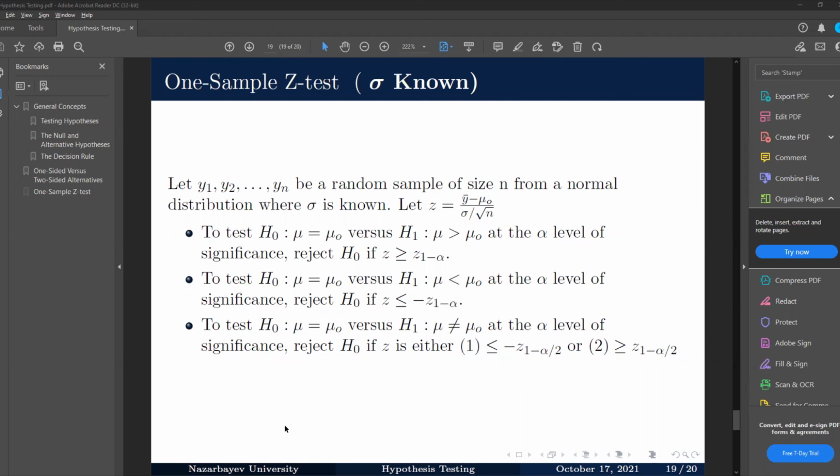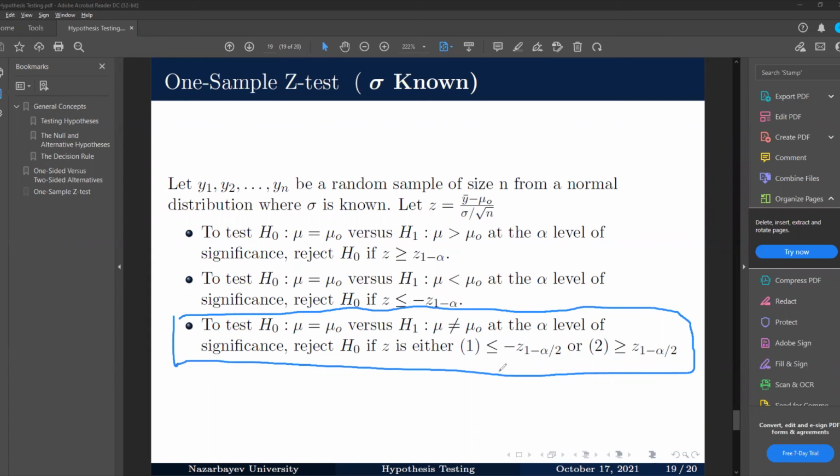Okay, and out of this, you can remember only this line here, since, as we said before, all our tests will be two-sided tests. To test H naught, mu is equal to mu naught, versus the alternative mu is not equal to mu naught at the alpha level of significance, reject H naught if your test statistic is either less than minus this critical value or greater than it. So we want 5% of area lying in both tails.